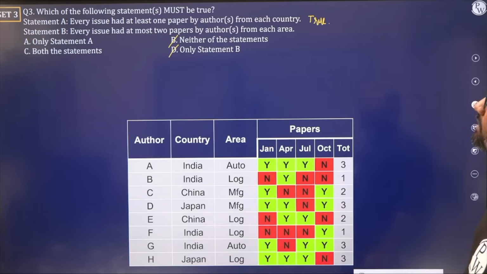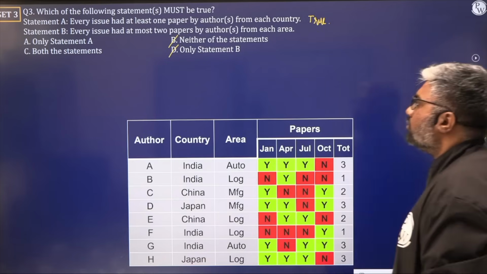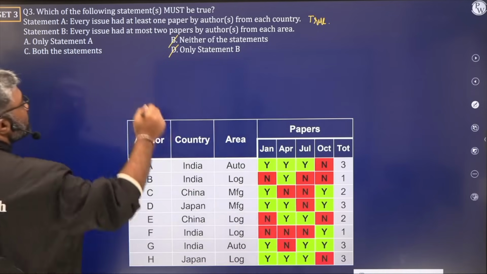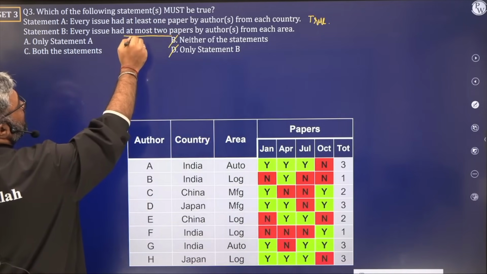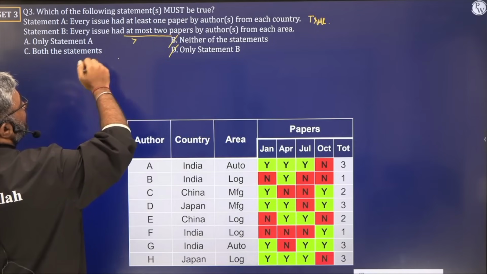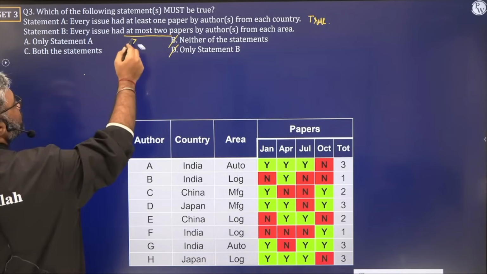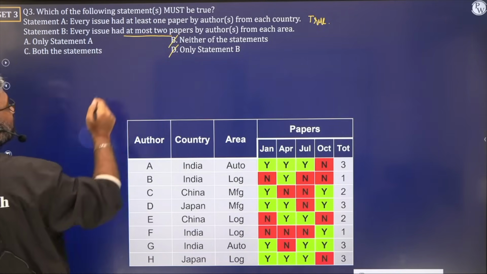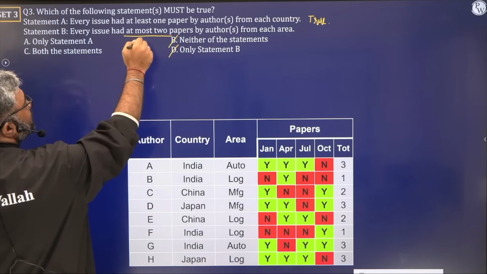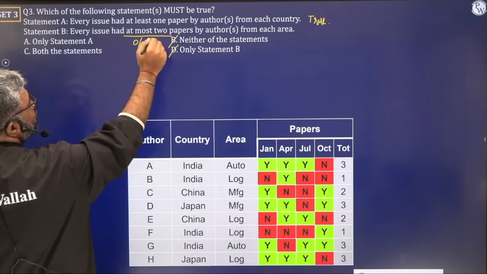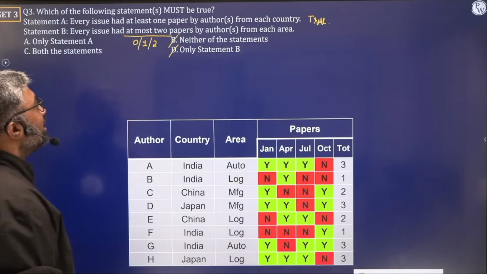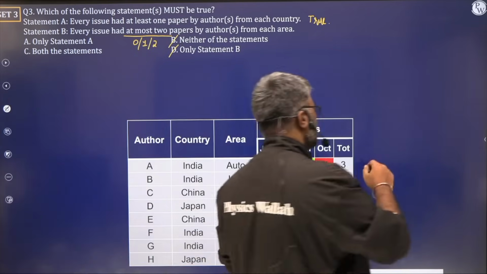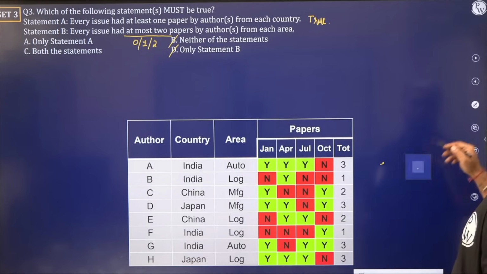Every issue had at most 2 papers by authors from each area. At most 2. At most 2. This means what? Less than or equal to 2. Or in simple words, there should either be 0 publications or 1 publication or 2 publications by authors of the same area, in each issue, not year.